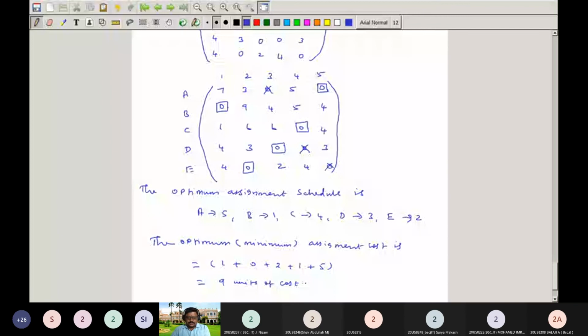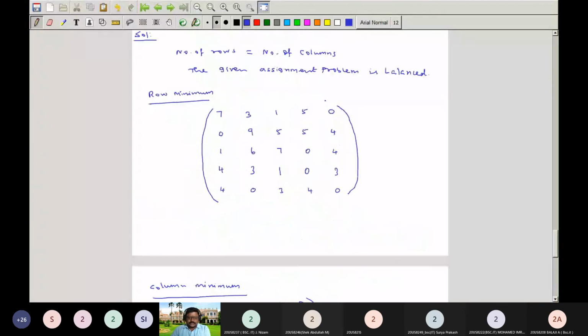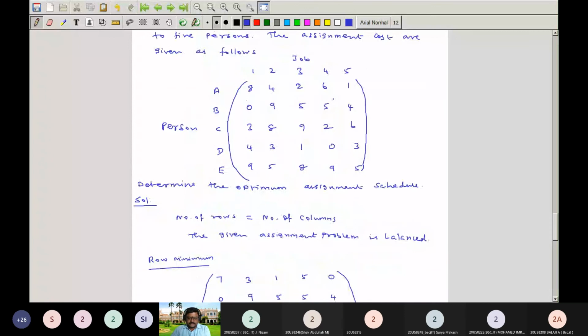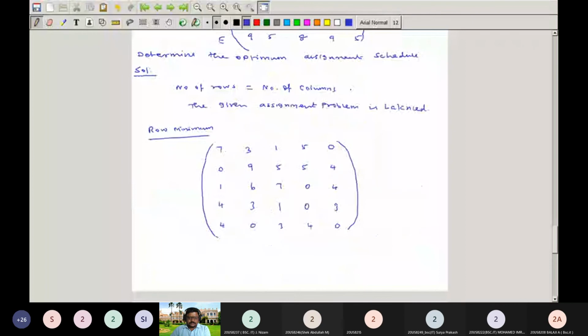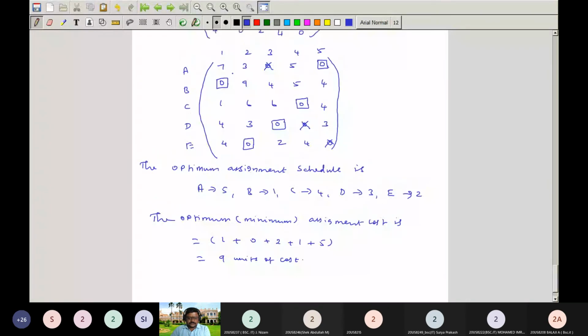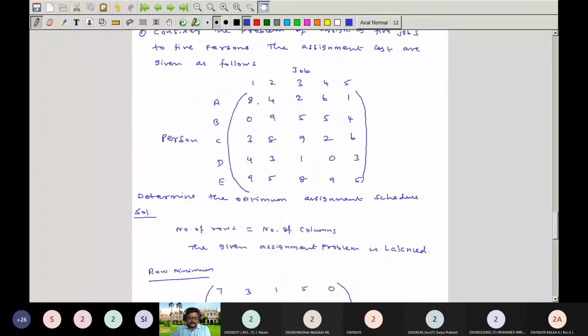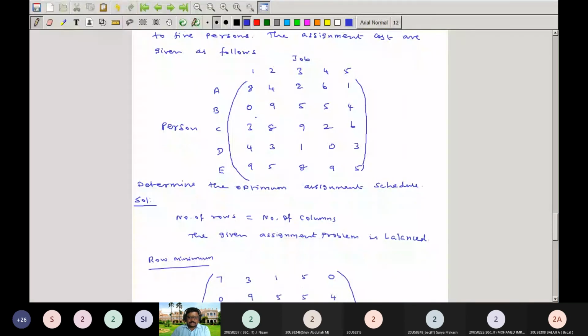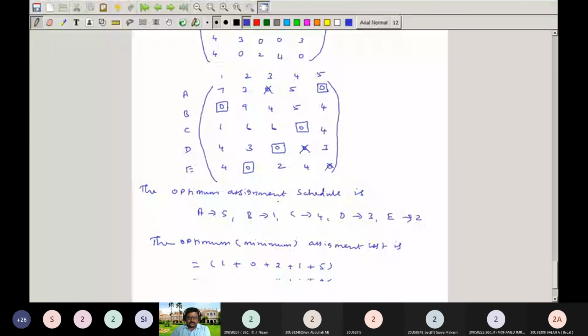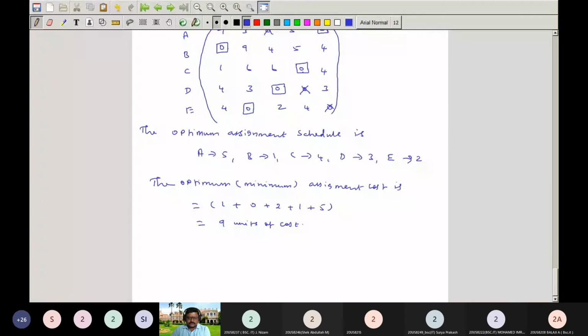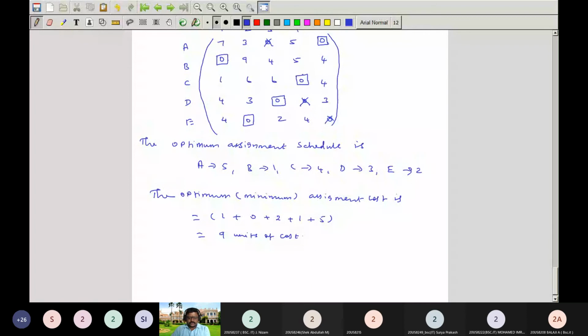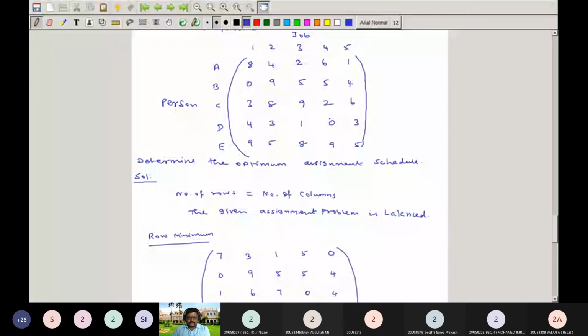So in the given problem, the assigned 0 has value 1. Second, the assigned 0 in the second row, first element, is 0. Next, in the third row, fourth element, it is 2.